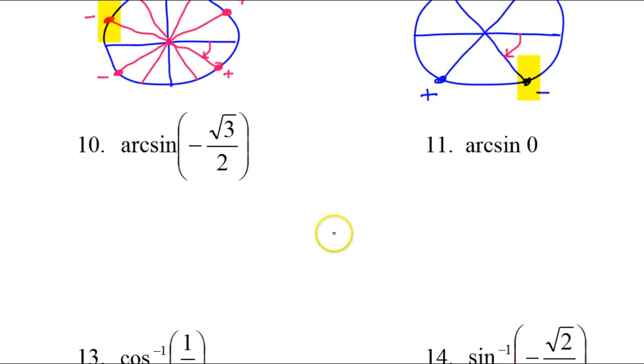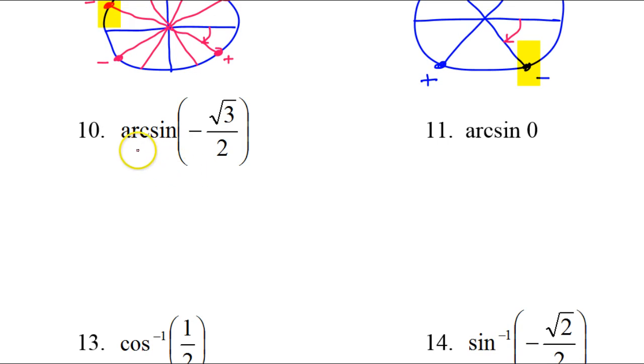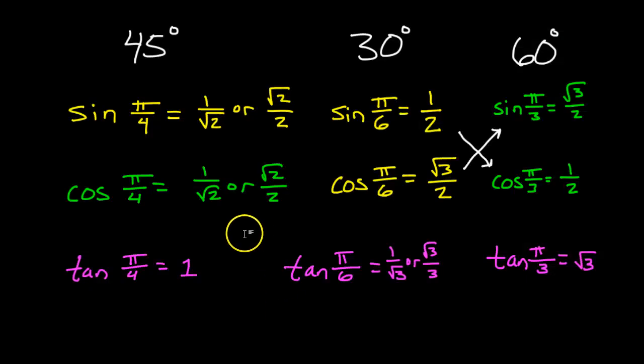Okay, number 10. Arcsine of negative radical 3 over 2. Arcsine is just an angle. It's the angle whose sine is negative radical 3 over 2. So, what angle has a sine of negative radical 3 over 2? Well, ignoring the negative for a second, this is one of the things that we should have memorized.